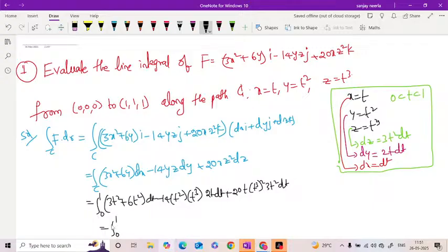after rewriting, it is 3t² + 6t², that means it is 9t².